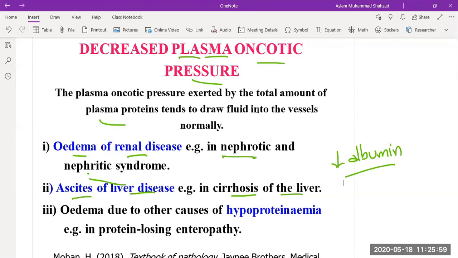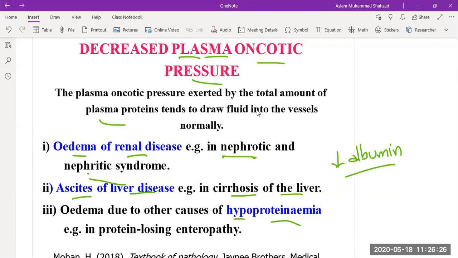Albumin is also a protein which plays an important role in maintaining the oncotic pressure, and because of the low albumin level, which we technically call hypoalbuminemia, it results in a decrease of the plasma oncotic pressure.